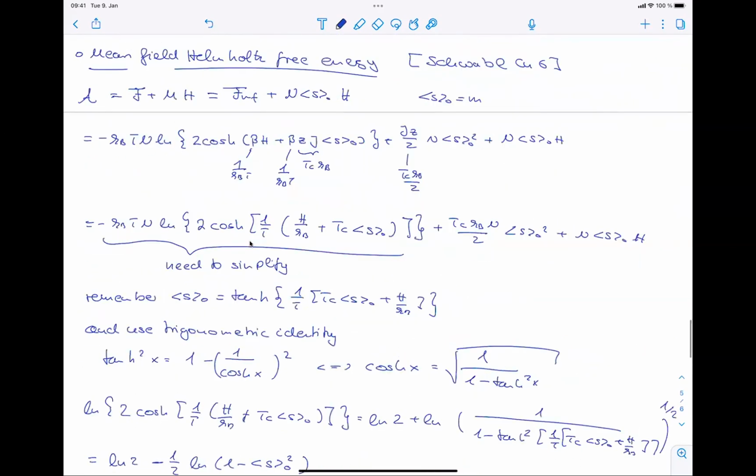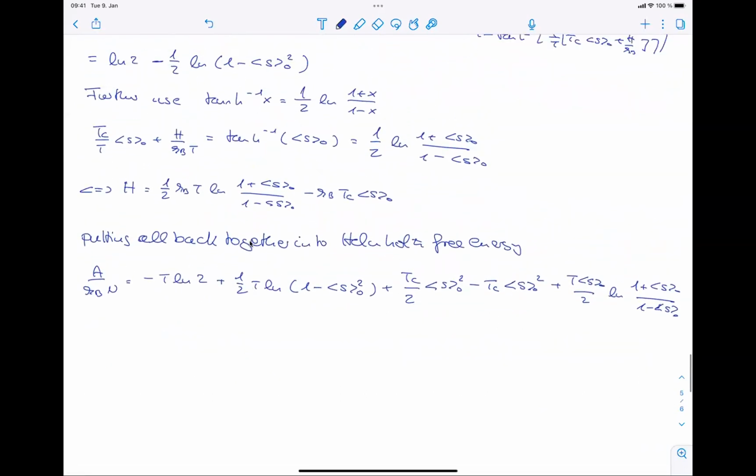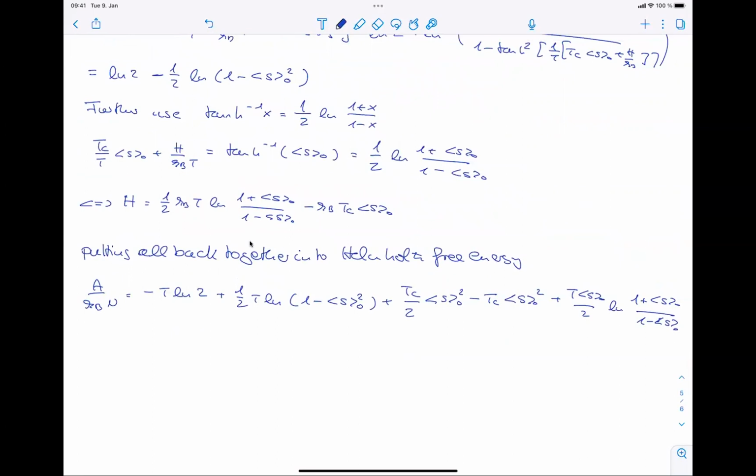There we go. Okay, and these two terms become minus Tc over 2 s squared.